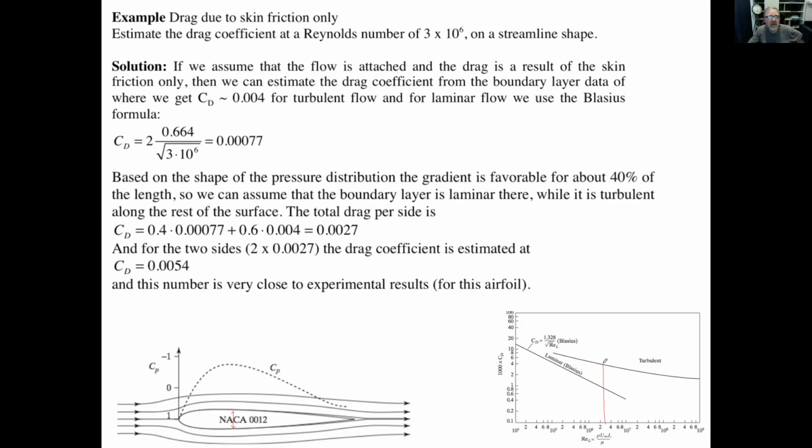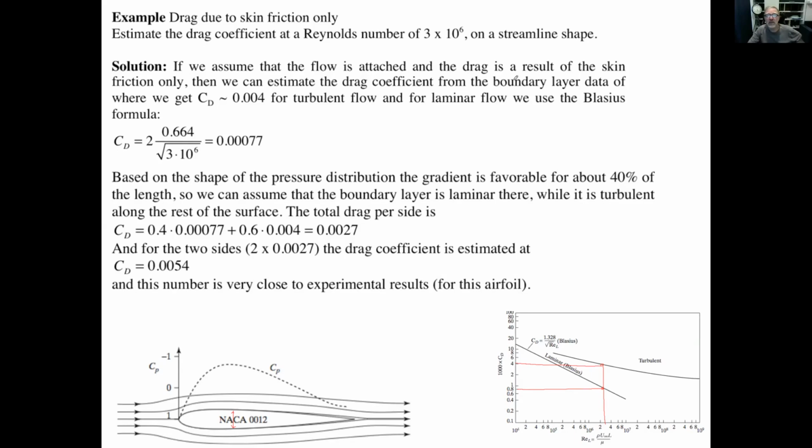Laminar would be like 0.0004 or so, at 3 times 10 to the 6. And then the turbulent one is going to be somewhere here, 4 times 10 to the minus 3.